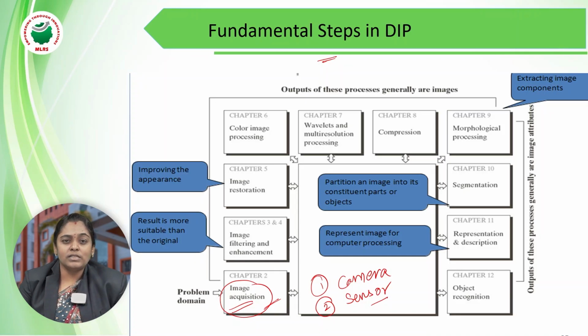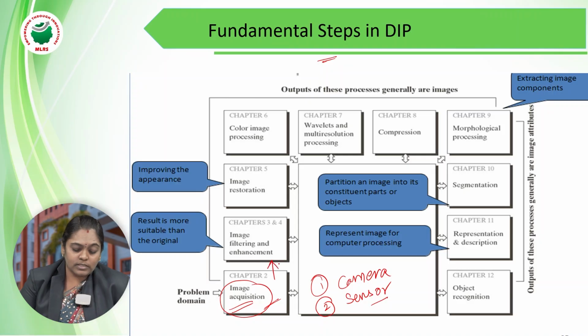Once the image has been acquired, we need to check whether it is a good quality image or not. In order to improve the quality of an image, the second step after image acquisition is image enhancement.